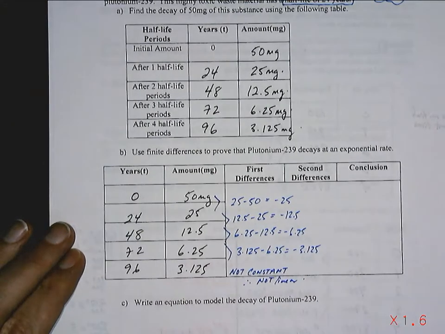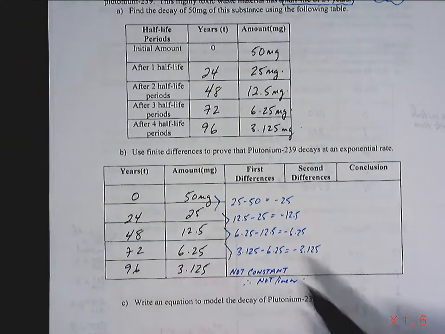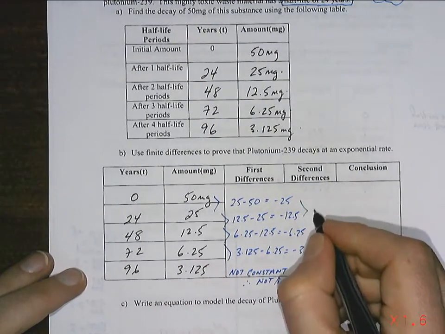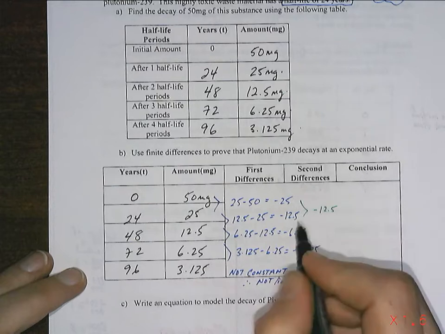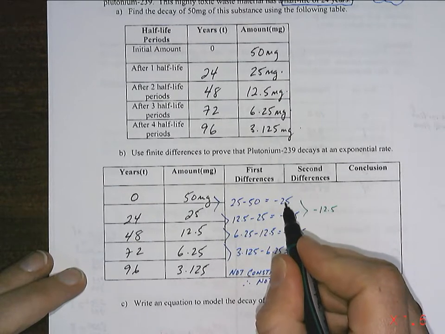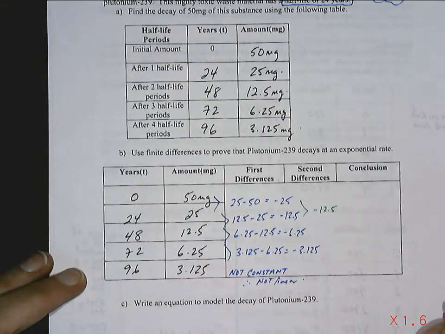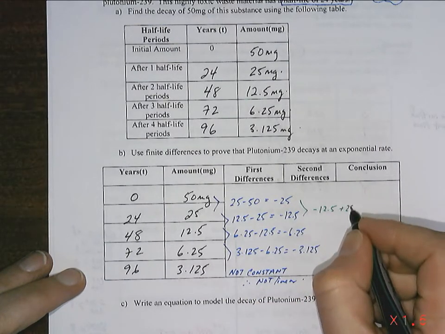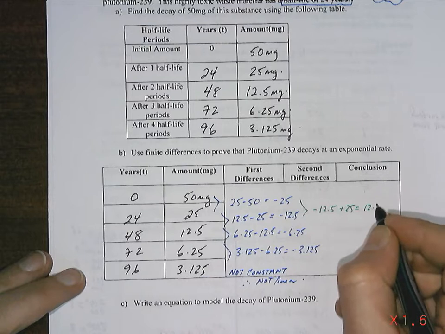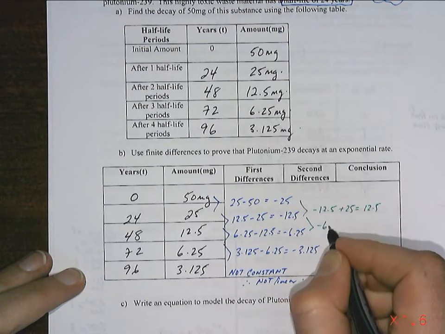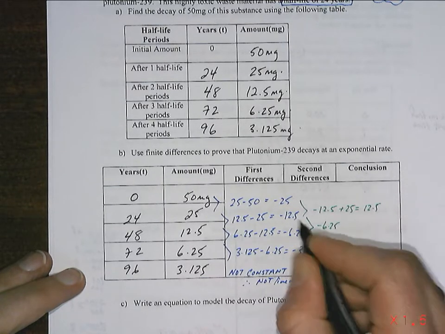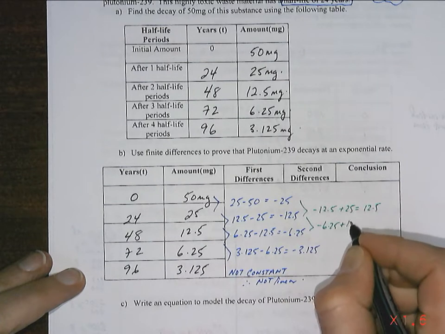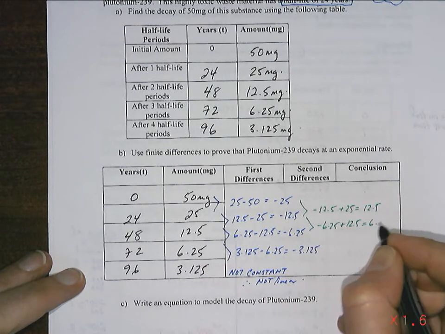Let's take a look at our second differences. So it's going to be negative 12.5. Now, it's negative 12.5 subtract negative 25. So the negative and negative give me a positive, and that'll give me 12.5. It's negative 6.25 subtract negative 12.5. So it's going to be positive 6.25.